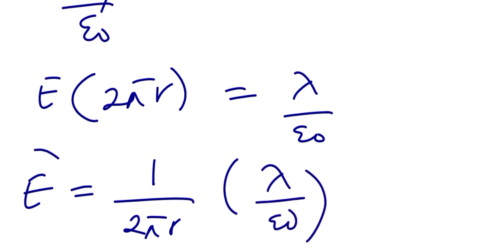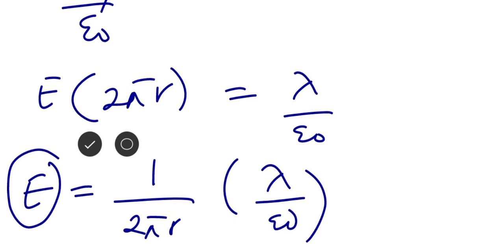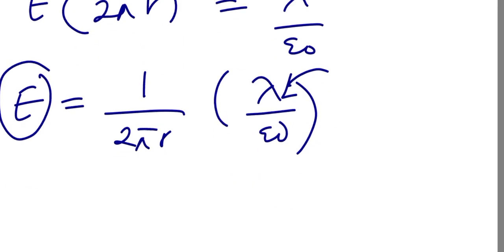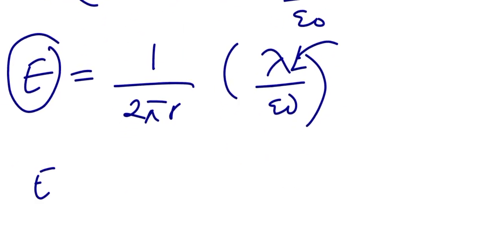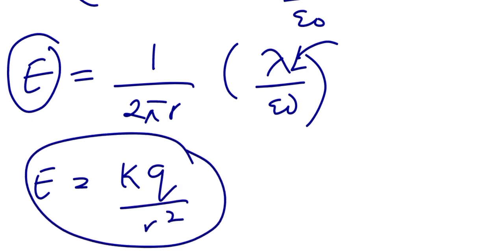So this is the electric field of that thin wire with respect to lambda. We are not just calculating the electric field as we used to do in other cases, by saying the electric field is equal to K, a constant, times the charge over R squared. No, we are expressing this electric field using Gauss law in terms of lambda, the charge per unit length, and epsilon naught, the medium.